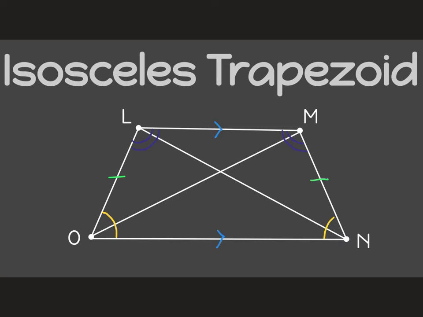Consecutive angles between the bases are still supplementary. And lastly, the diagonals are congruent.